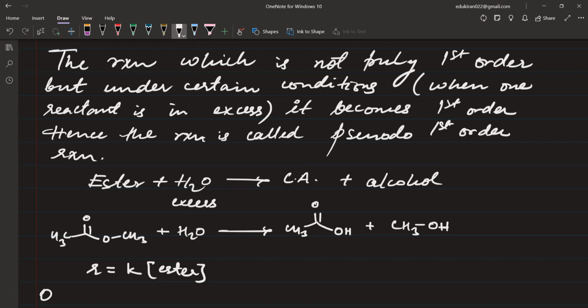So order is equal to 1, and the molecularity for this reaction will be equal to 2, because the ester and the water molecule have to collide. Whenever we see the number of reactant species colliding to form the product, we are talking about molecularity. Even though water is there, if we increase or decrease its concentration, it is not going to affect the rate of reaction.